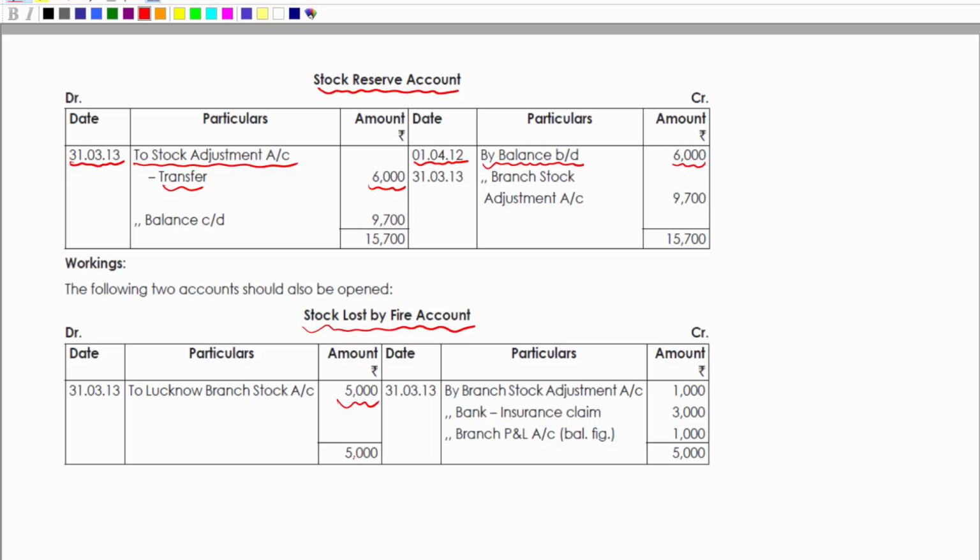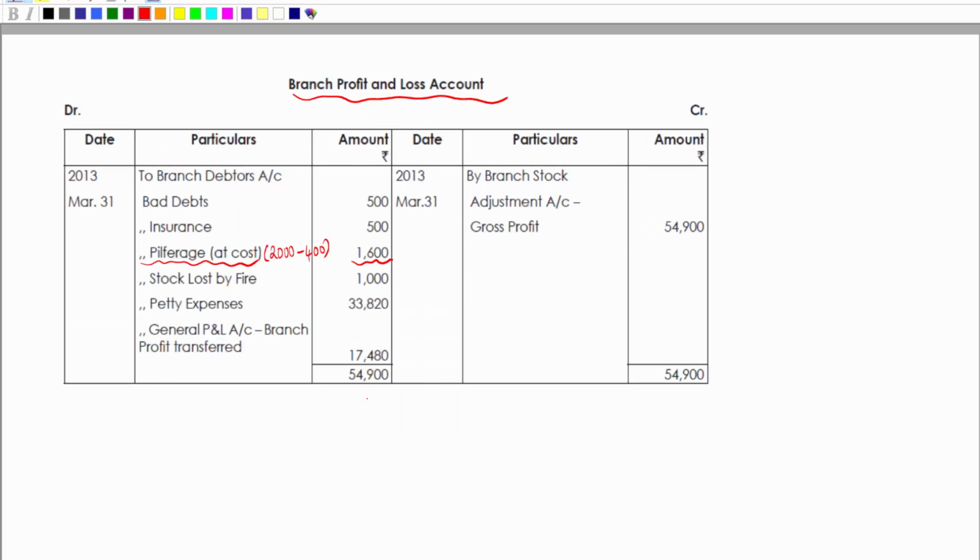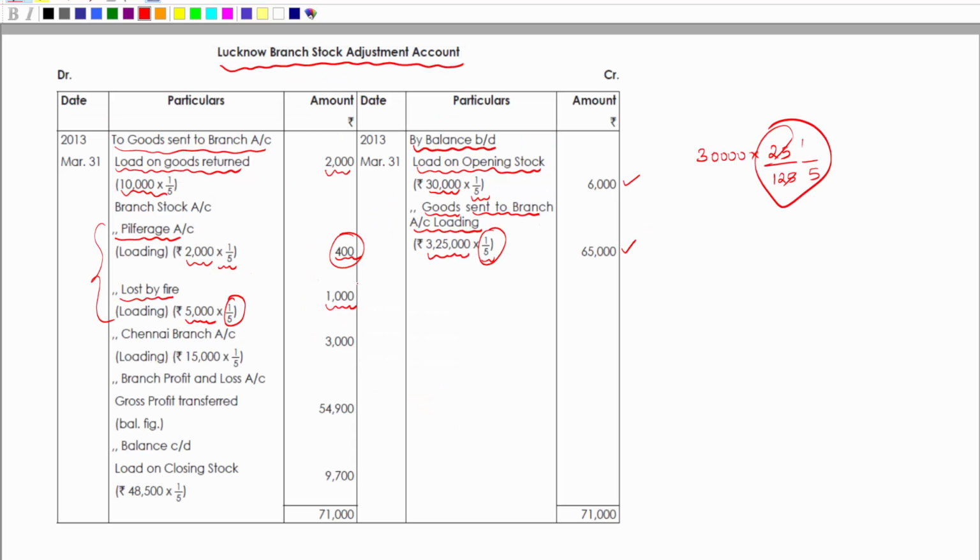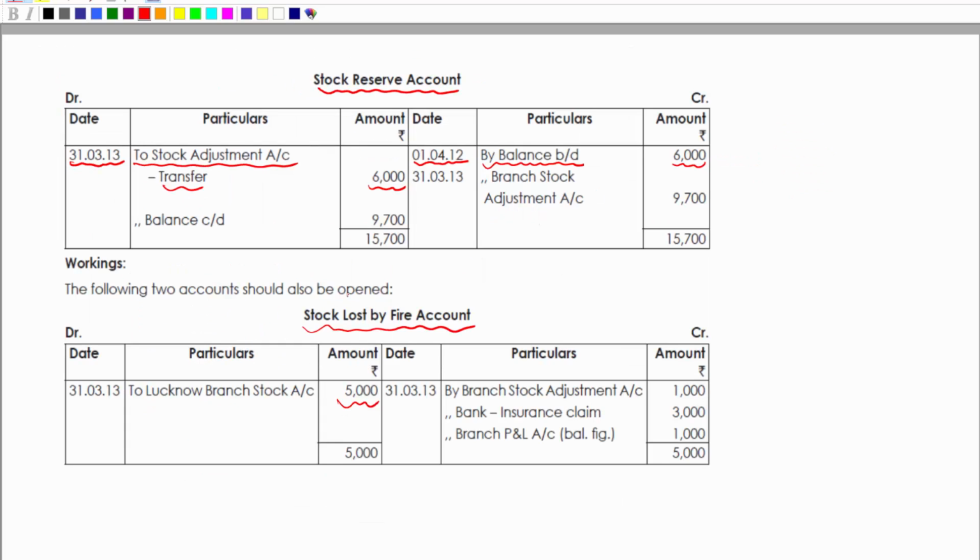Now from this 5,000, what have we done in stock adjustment account? In stock adjustment account, we have unloaded the profit, and the entry is branch stock adjustment account to stock lost by fire. It means your stock lost by fire account should be credited by branch stock adjustment account to the extent of 1,000. So what is the actual value? Actual value is 4,000.